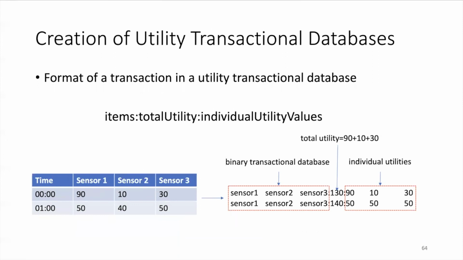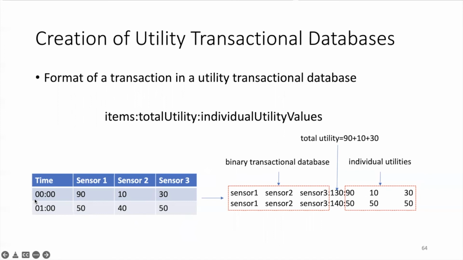Next one is utility. Binary transactional databases are simple. Now, if we want to create a utility transactional database, the format is very simple. First, we have to specify the items. Then we use the default marker followed by the total utility and the individual utilities of its items.